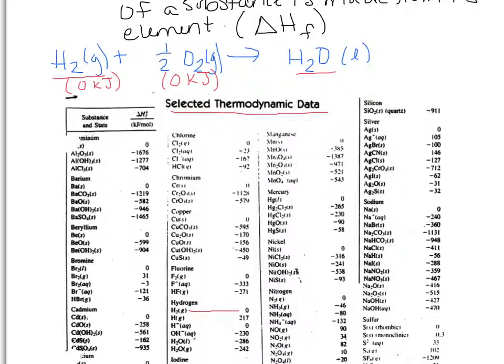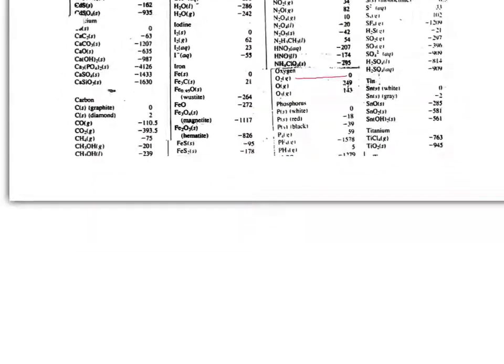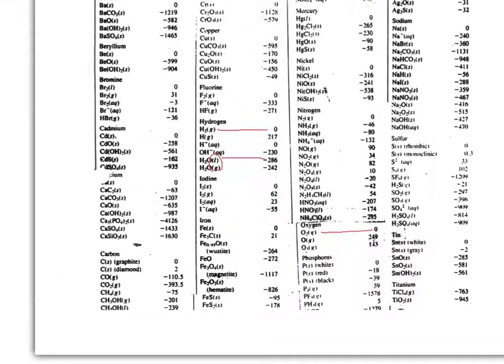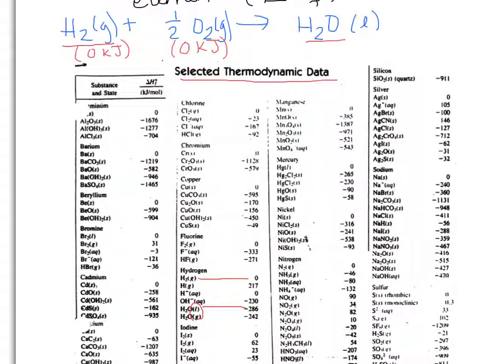So let's go down here and find water. Here we go. Here is water. And remember, there are 2 different variations for water here. There's gas and liquid, so make sure you get the correct one. We want liquid, so it's a negative 286 kilojoules.